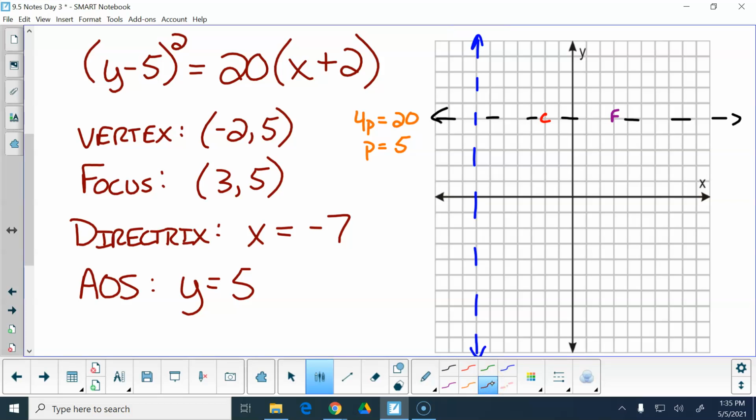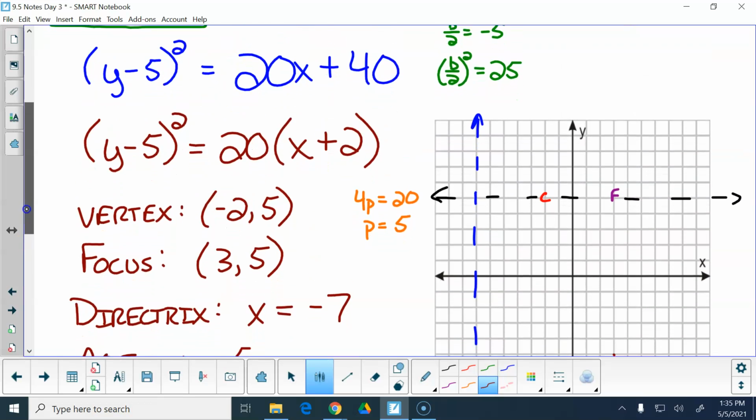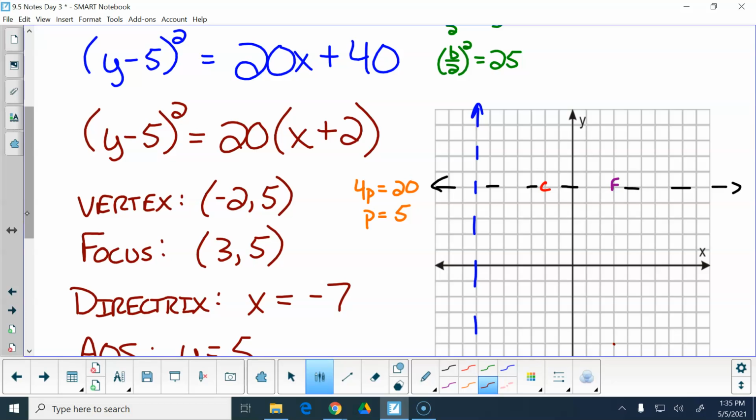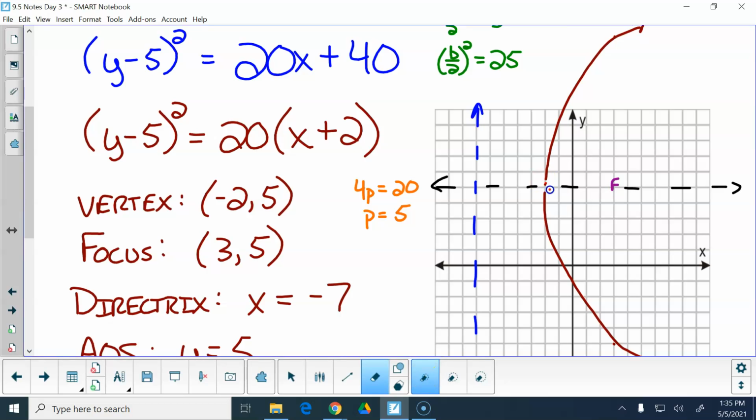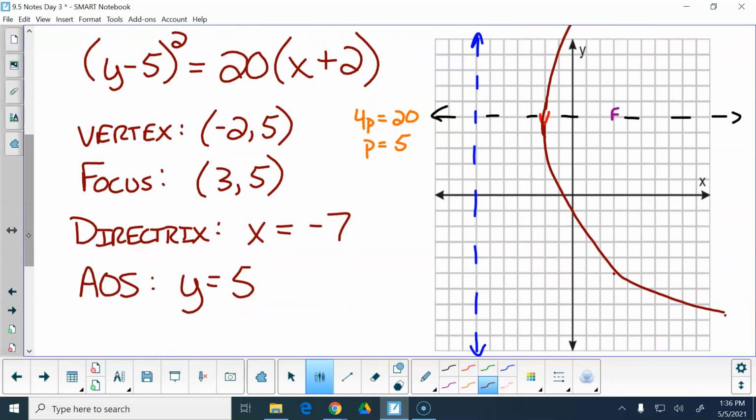That's 10 up and 10 down, through the focus. Notice too, I wrote center there instead of vertex. And there.